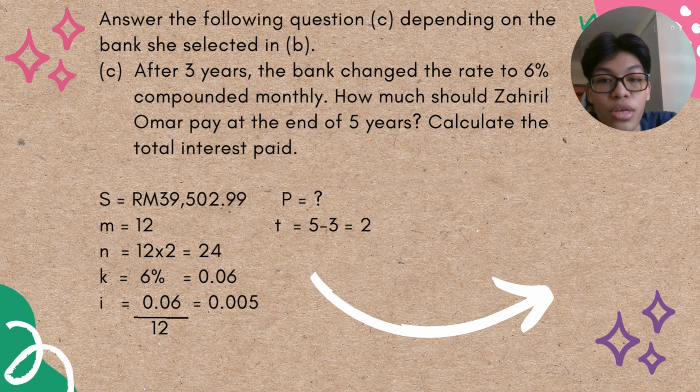The next one is m. m equal to 12. t equal to 5 minus 3, which is equal to 2. n equal to 12 multiplied by 2, then we got 24. k equal to 0.06. And the last one, i equal to 0.005.